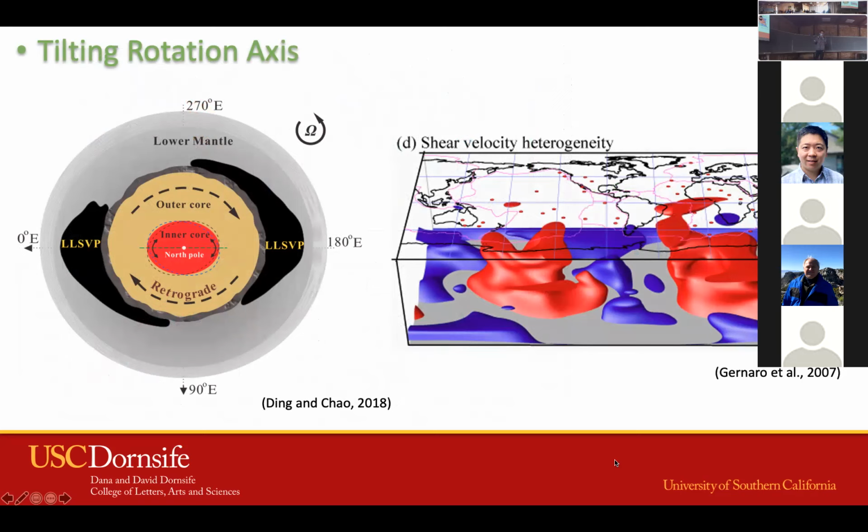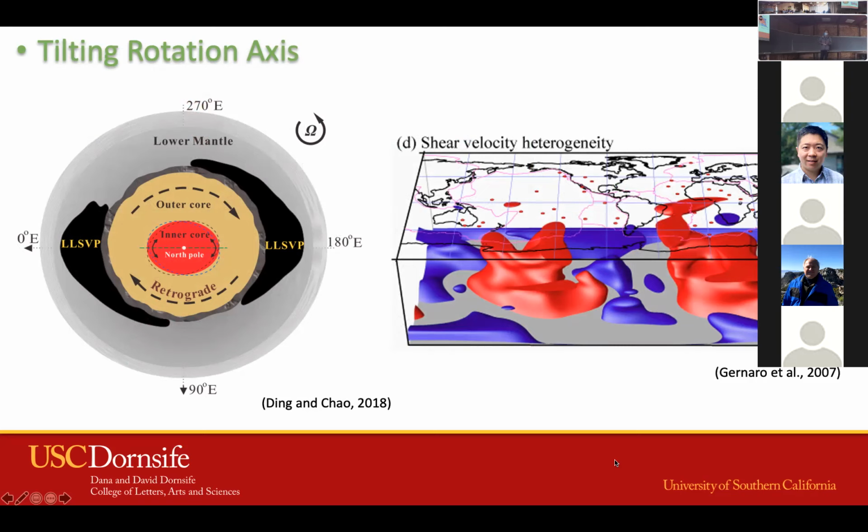So here, I want to introduce another concept. The inner core is within the liquid outer core. It is held by gravitational coupling with the mantle density anomaly here.